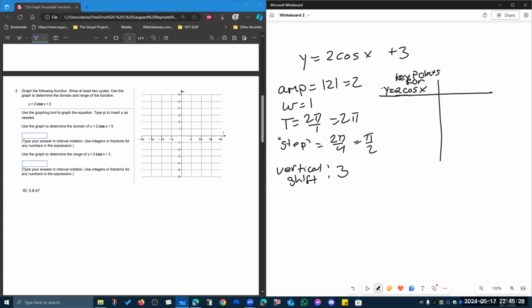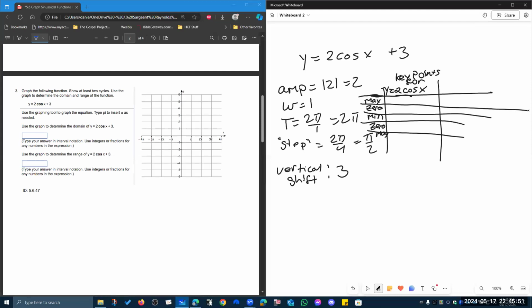I'm going to figure that out first. This is going to start off at a max, then a 0, then a min, then a 0, and then a max, because it's a cosine function.